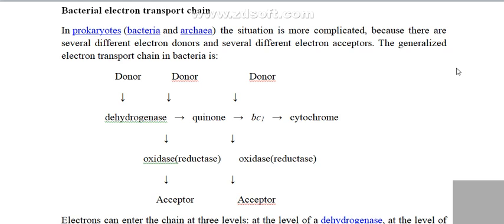In prokaryotes the situation is complicated because there are several different electron donors and several electron acceptors. The generalized electron transport chain in bacteria goes from a donor, which can be a dehydrogenase, so NADH dehydrogenase, or it can be a quinone, the second donor.